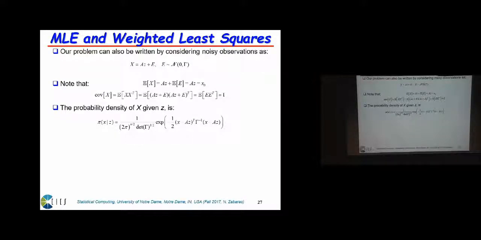We collect some samples of x. Let's denote those x1, x2, xn. So these are samples that come from this additive noise model, and from these samples we want to estimate our unknown z.